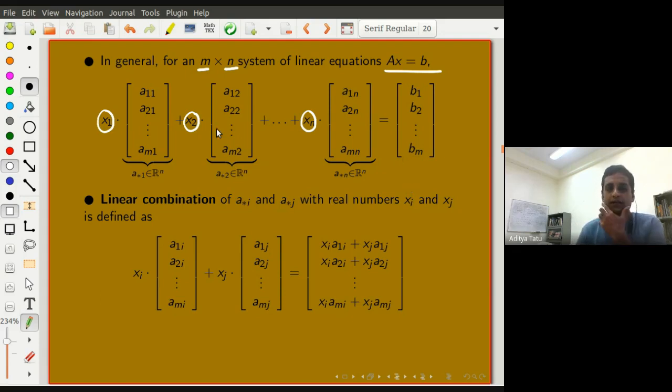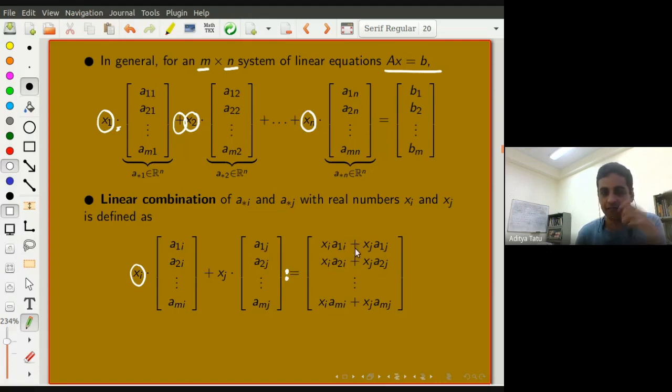Okay, here also when I'm writing this, I need to define what is this dot and what is this plus. So I'm defining it at once. x1 dot this column vector plus xj dot this column vector is defined in this way.